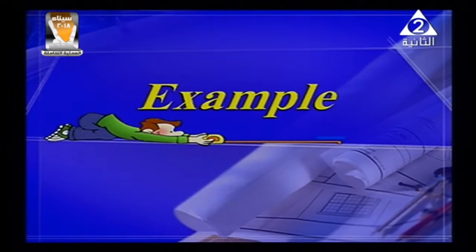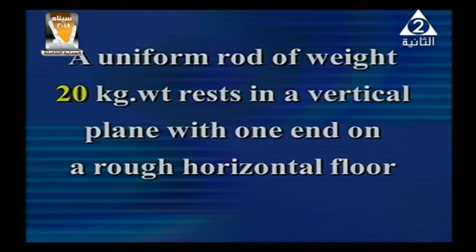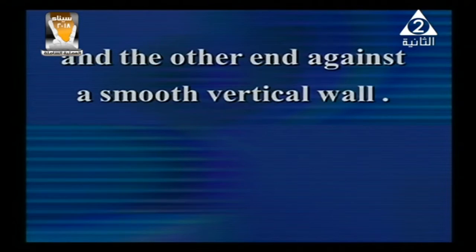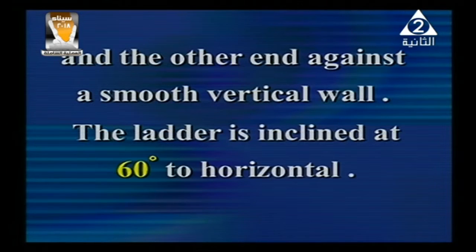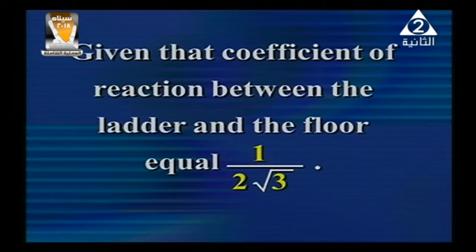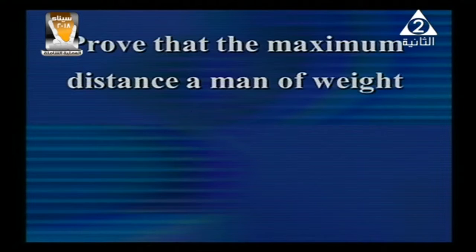Another example. A uniform rod of weight 20 gram weight rests in a vertical plane with one end on a rough horizontal floor and the other end against a smooth vertical wall. The ladder is inclined at 60 degrees to the horizontal, given that the coefficient of friction between the ladder and the floor equals 1 over 2 root 3.